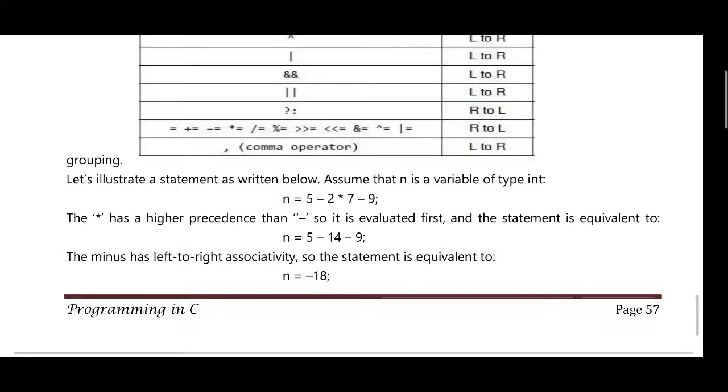The minus has left to right associativity, so n = -18.